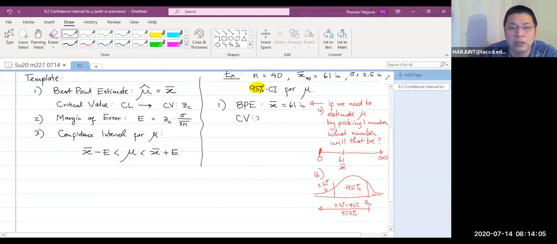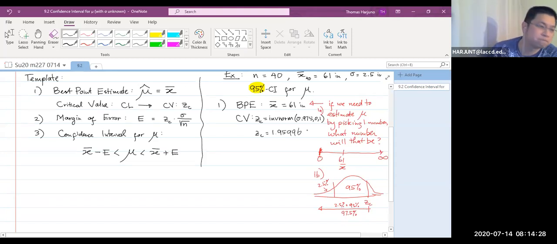So the Z score is inverse norm of 0.975, and I believe it will give us 1.95996. You can use your calculator.